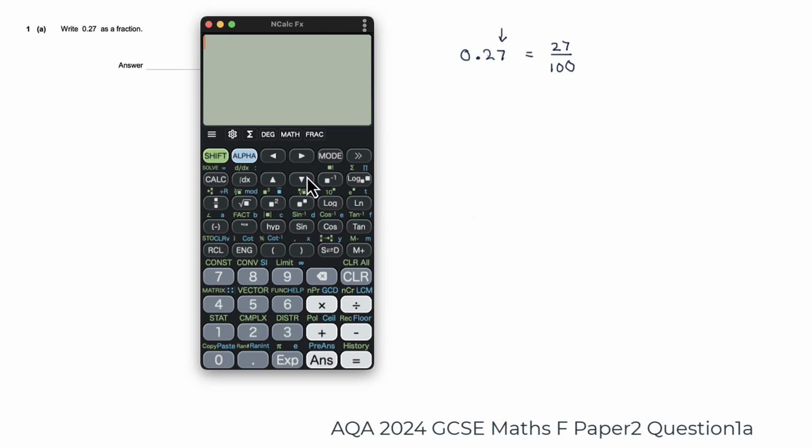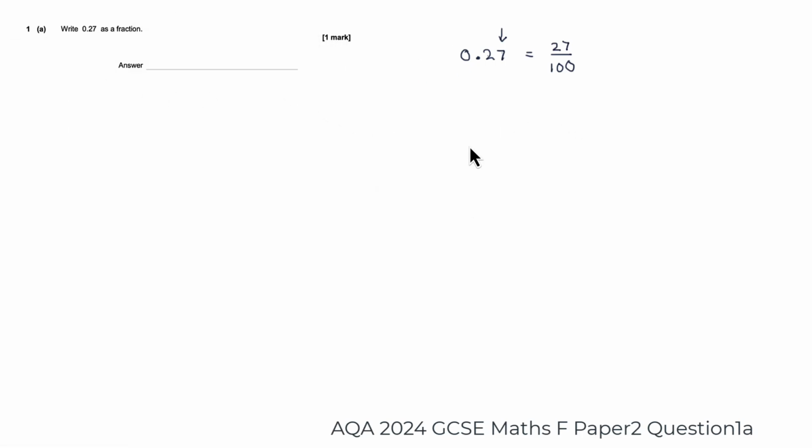So now that I'm in fraction mode, I'm going to enter 0.27, and when I press equals, there's my 27 hundredths being the same as 0.27, just as we had before. So that's part A. Let's move on now to part B. Better write the answer: 27 hundredths.